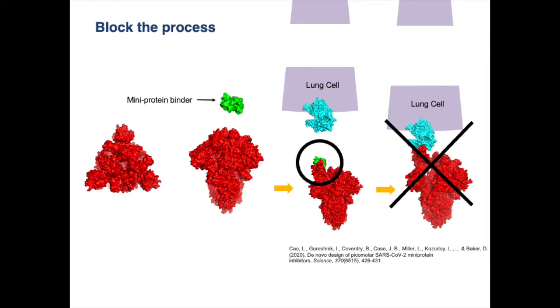And one type of protein you might want to make is a protein that prevents that interaction from happening by binding to the COVID spike protein in the ACE2 binding site and preventing the spike protein from binding to and entering cells anymore. And the Baker lab was able to quite rapidly engineer some small proteins that successfully and very strongly bind COVID spike.